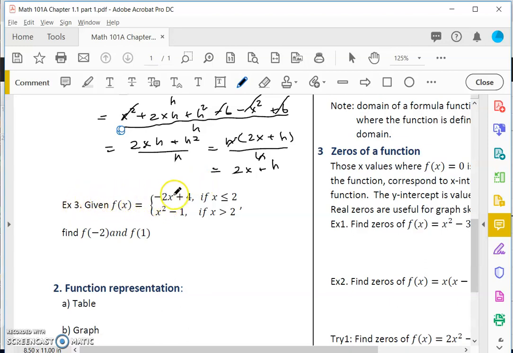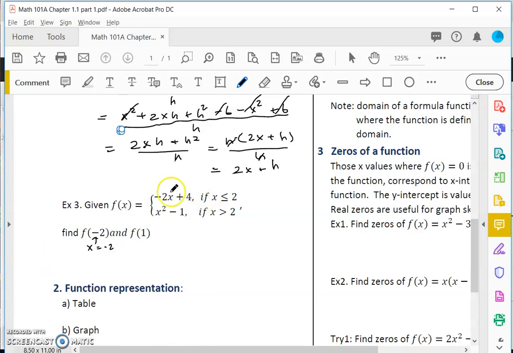So this third example is a piecewise function, meaning it has two formulas, and I'll use one if x belongs to a certain domain versus the other one, x squared minus 1, if x belongs to a second domain, which is x greater than 2. So let's see, I want to find f of negative 2. So this means my x is equal to negative 2.